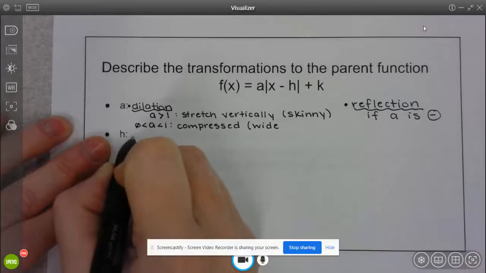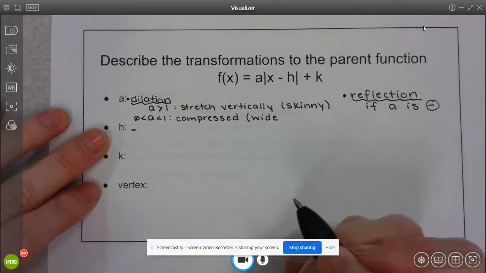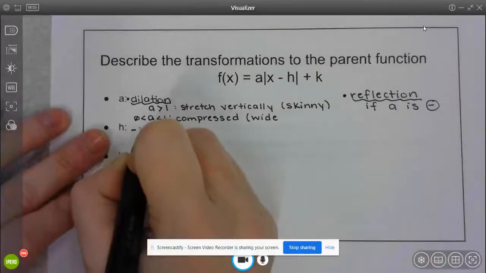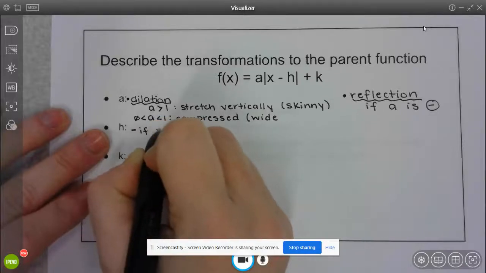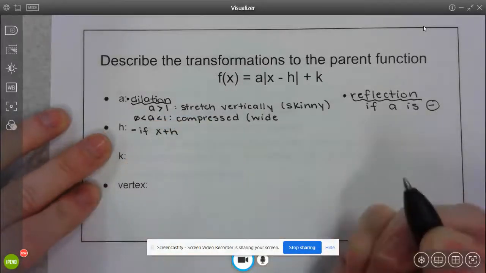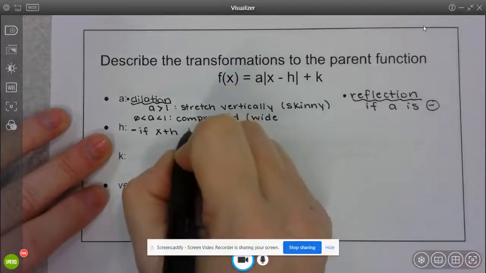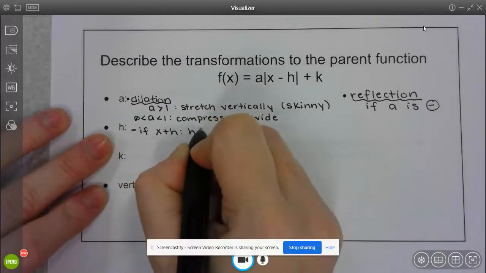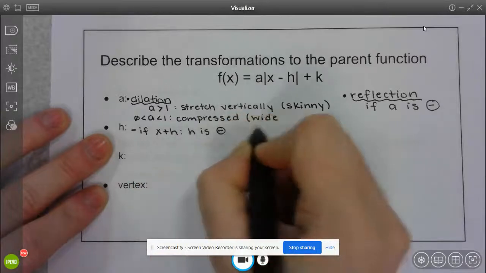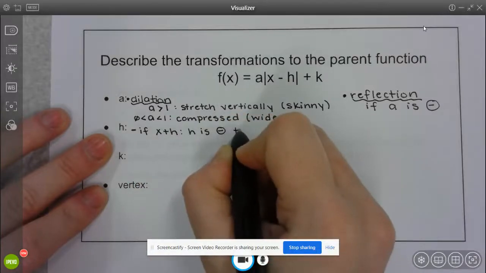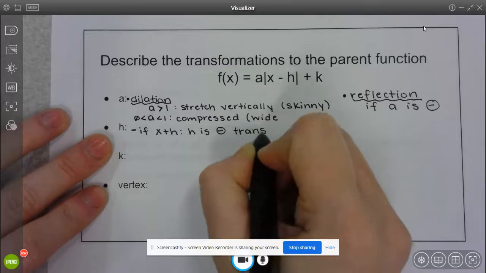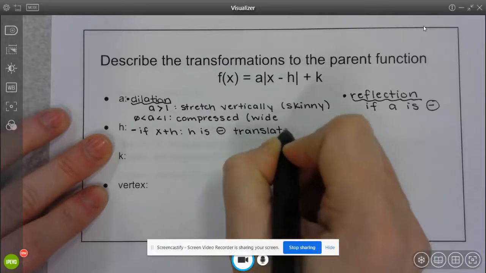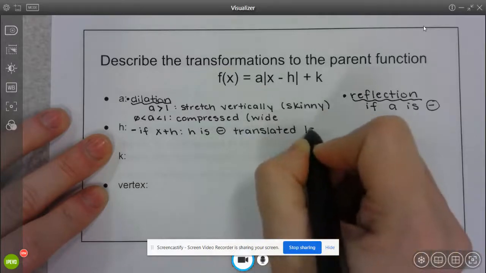Now remember, H is the one that was funky. If we have X plus H, that means our H is actually negative and it's been translated to the left.